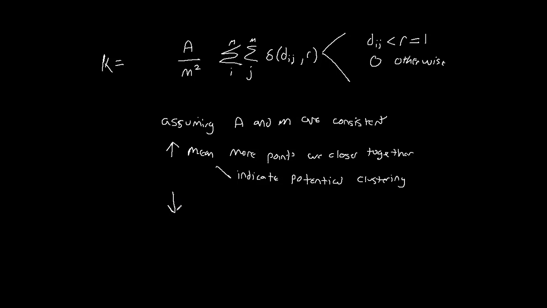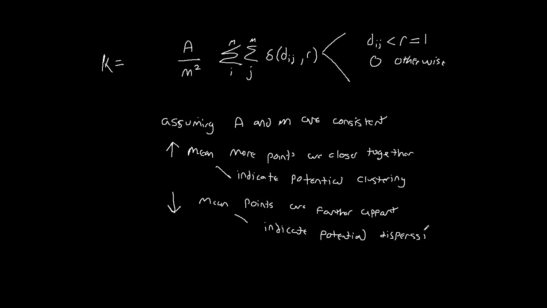Your lower values mean points are farther apart, and this is going to indicate potential dispersion.